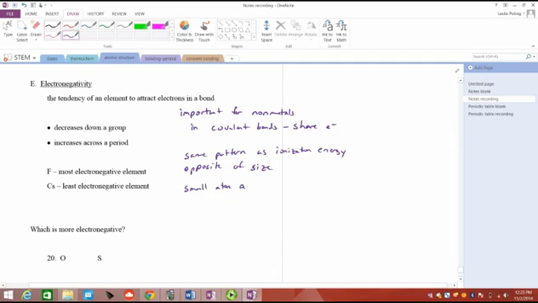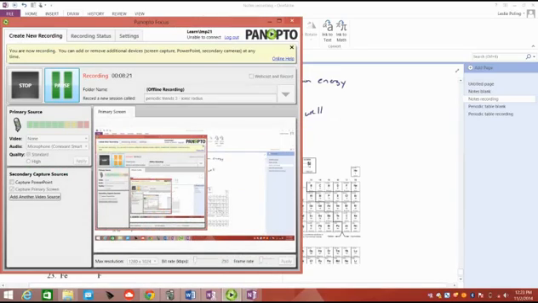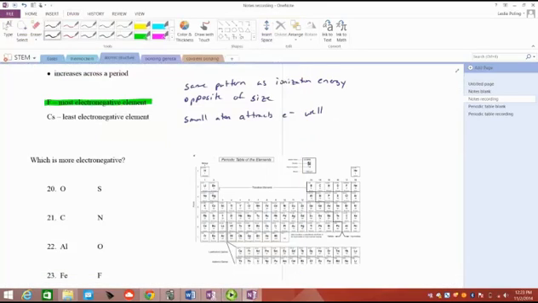Small atom attracts electrons well. A large one doesn't. And now, if you remember that fluorine is the most electronegative element, you can pretty much remember the pattern. Okay. So we have fluorine here, the most electronegative element. So electronegativity increases as you move towards fluorine.